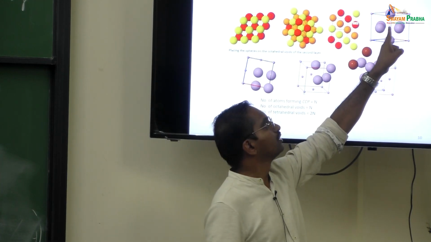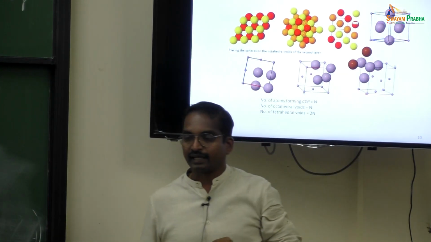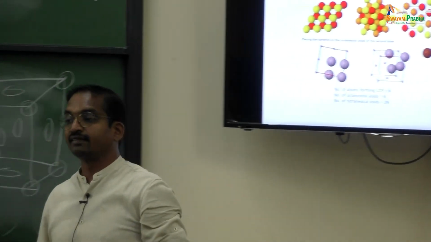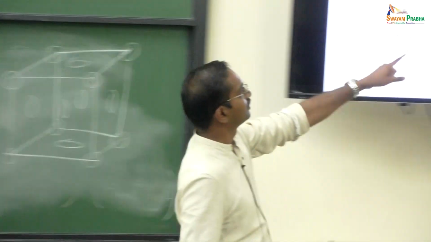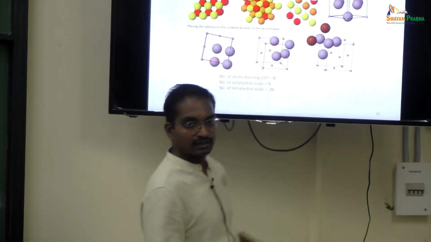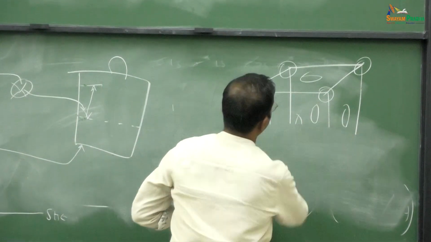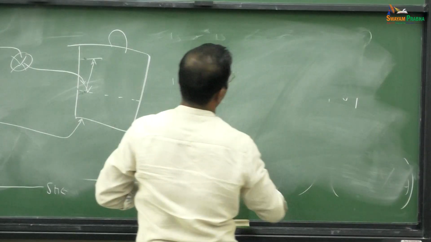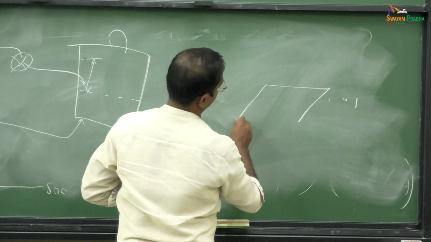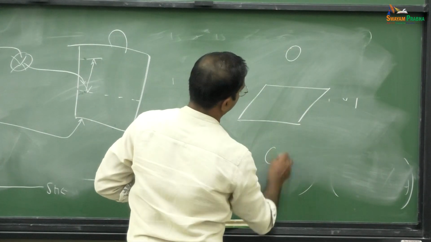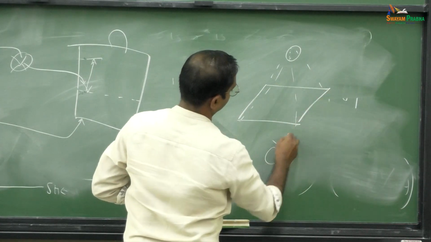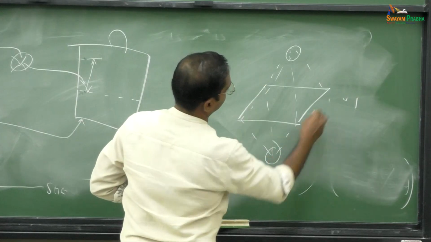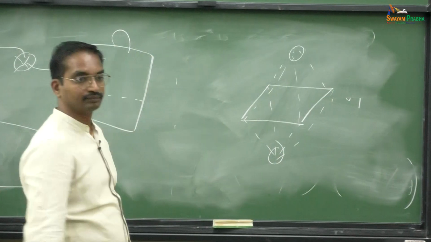So if you see there is a cavity, that cavity has got 6 vertices. If I connect all the 6 atoms together, it will be like this. Correct?